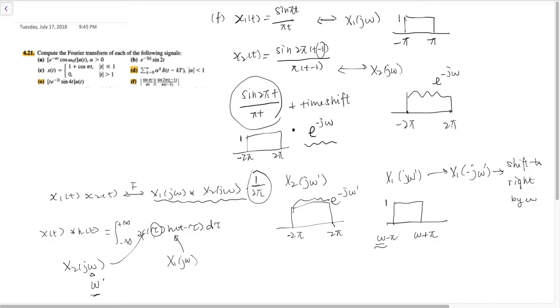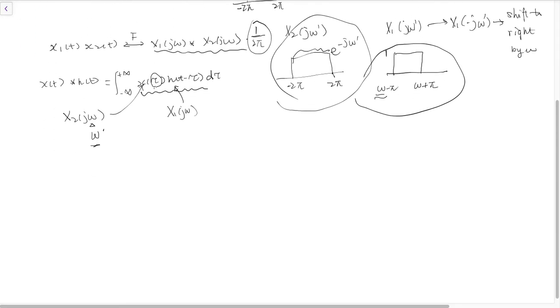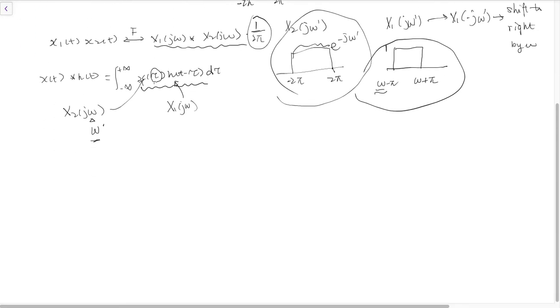So now we found the inner part of the integral, right? We need to multiply these two signals. So we just find the different intervals.